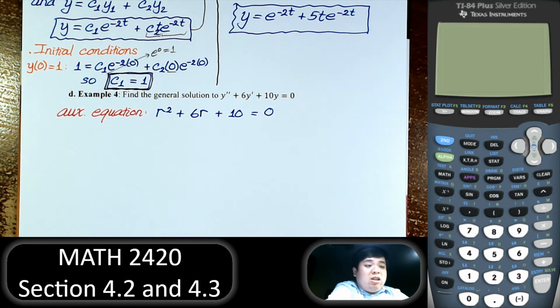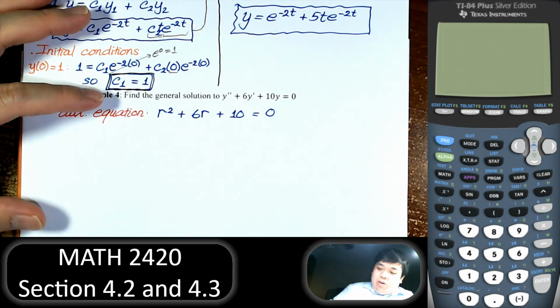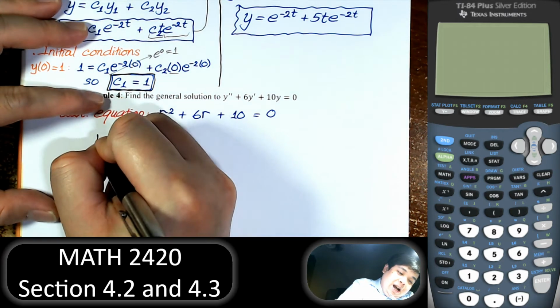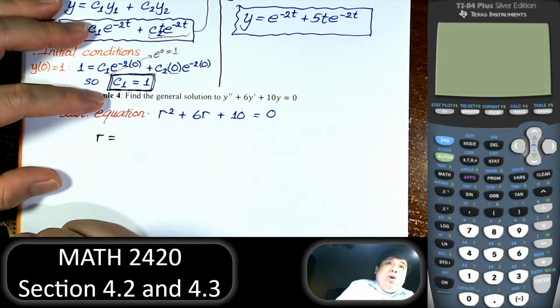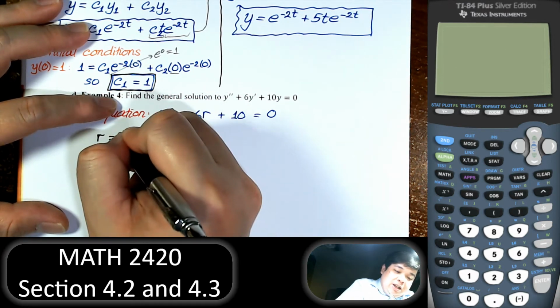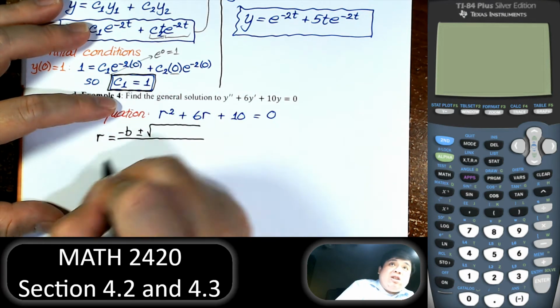So if we cannot factor, or even if we can factor, we can always use the quadratic formula. Once again, even if we can factor, the quadratic formula always works whether we can factor or not.